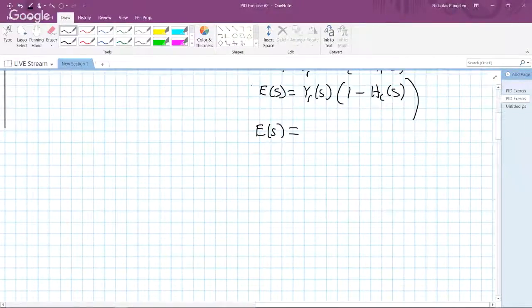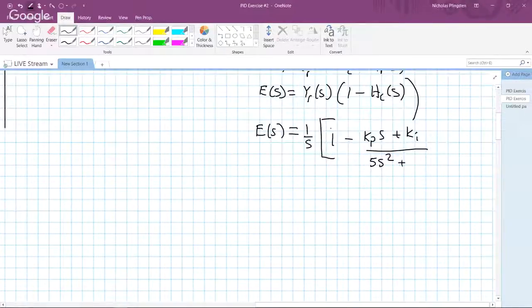Now, it'll be capital E of S equal, we're assuming that the capital Y sub R of S is a step function, step input. So that's going to be 1 over S in the Laplace domain. And then we're going to have 1 minus KPS plus KI all over 5S squared plus, what KP value?